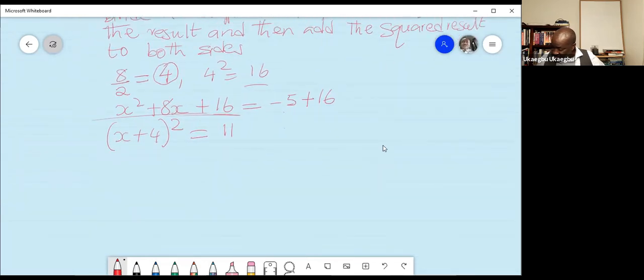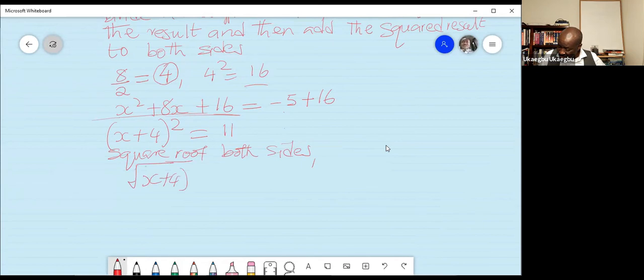And then you take the square root of both sides. So that's going to give us the square root of x plus 4 whole squared is equal to the square root of 11. Is 11 a perfect square?